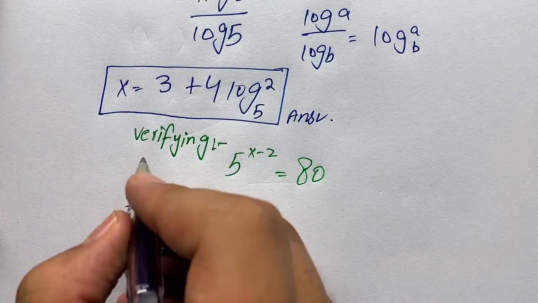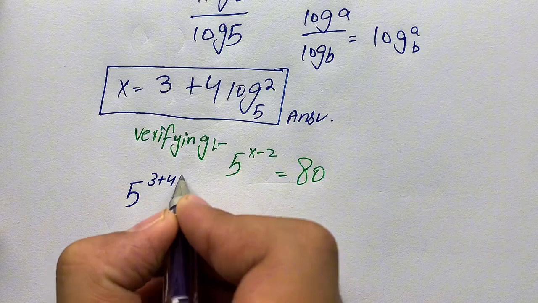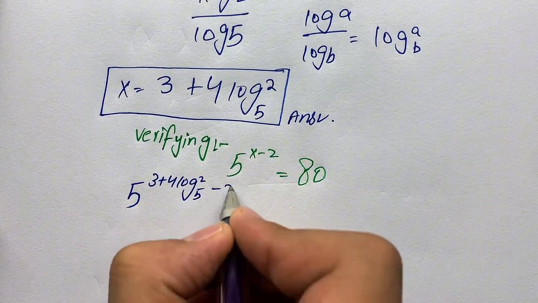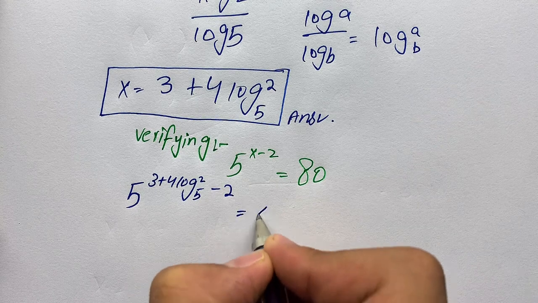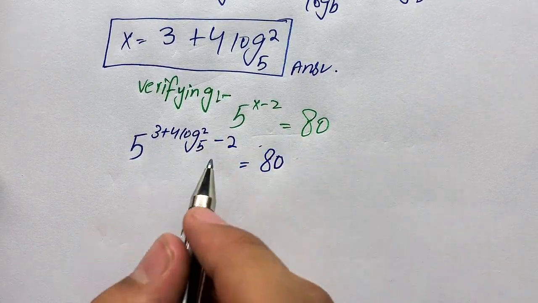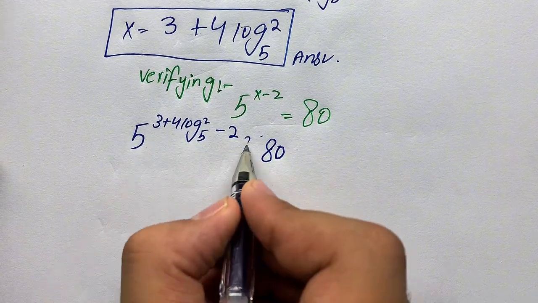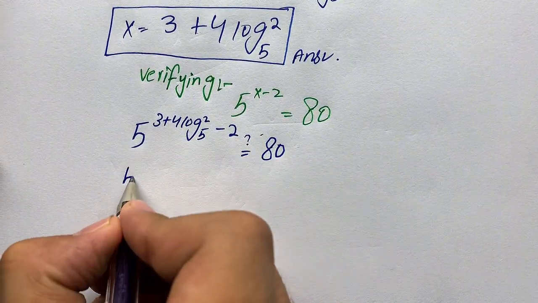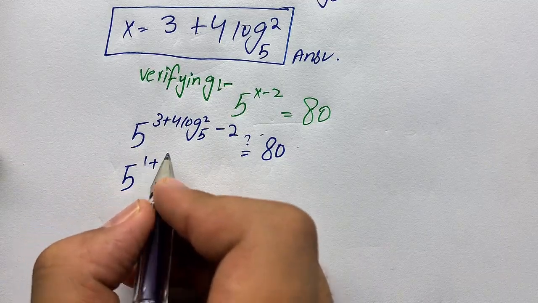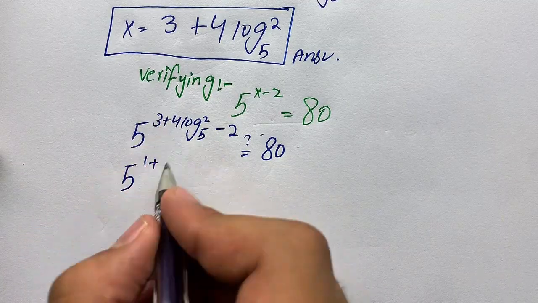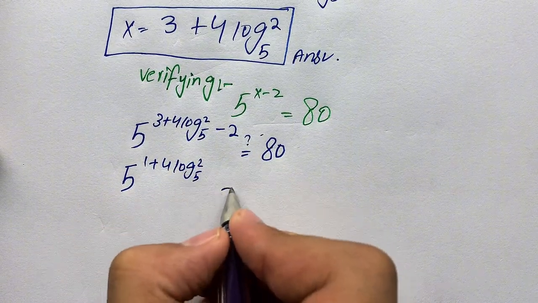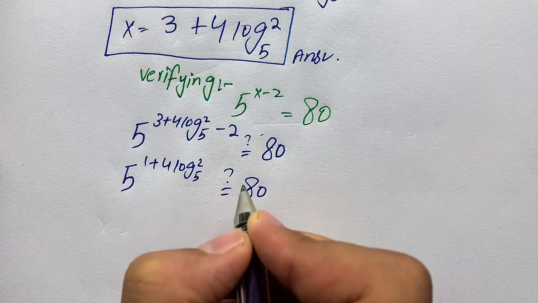So 5 to the power 3 plus 4 log of 2 base 5 minus 2 is equal to 80. And this will be 5 to the power 1, since 3 minus 2 is 1, plus 4 log of 2 base 5, is equal to 80.